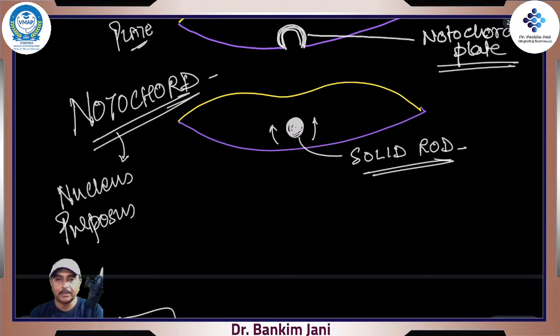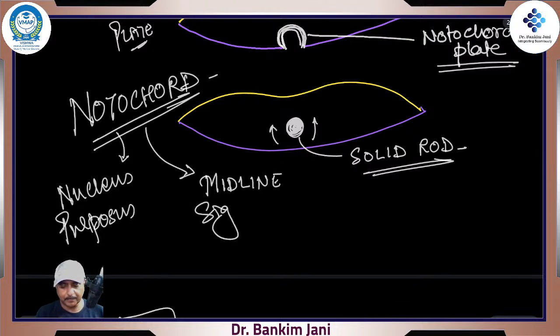They are the midline signaling structure, because the entire brain is formed by the neural tube and then the somites. The neural tube will lead to formation of brain, spinal cord, all those nerves. But the main signaling is by the notochord. So this is the chief midline signaling structure.